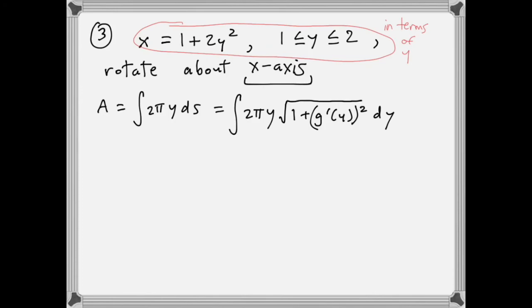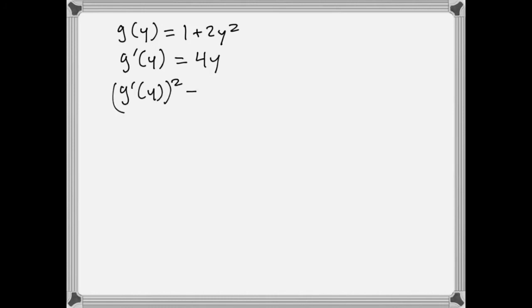So I'm going to do g prime, I'm going to do all that algebra on the next page as I usually do. Okay, so g of y is 1 plus 2y squared. So its derivative is 4y. Its derivative squared is 16y squared. 1 plus its derivative squared is 1 plus 16y squared.